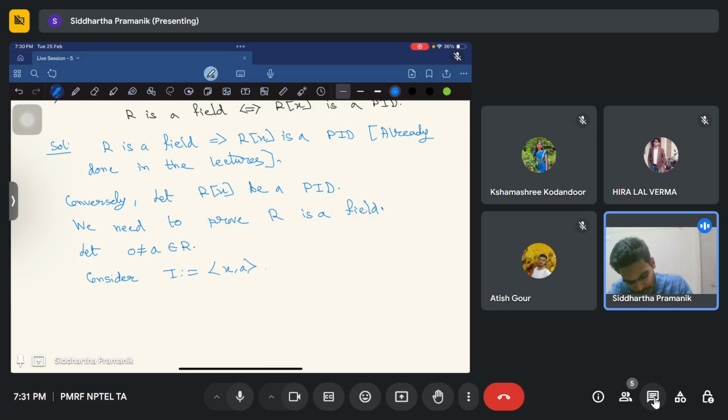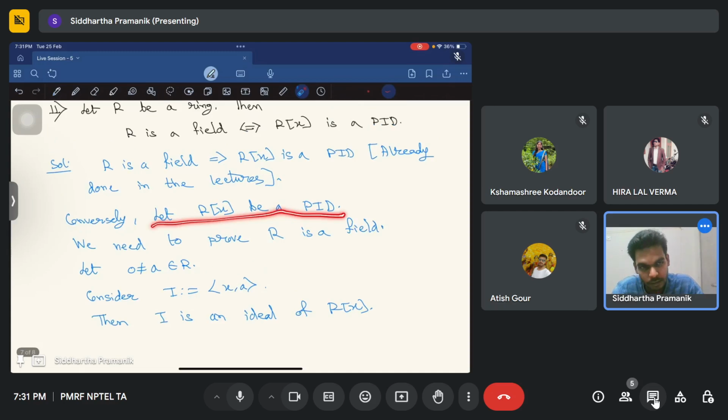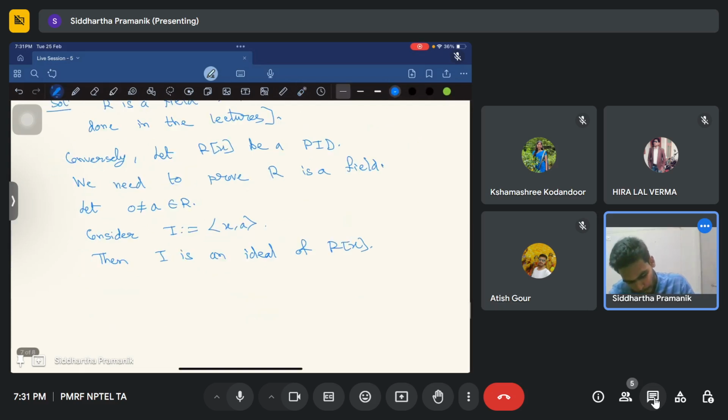Then I is an ideal of R[x], that is clear, but what is given is R[x] is a PID. So this ideal must be a principal ideal. So I equals the ideal generated by f(x) for some f in R[x], because R[x] is a PID.